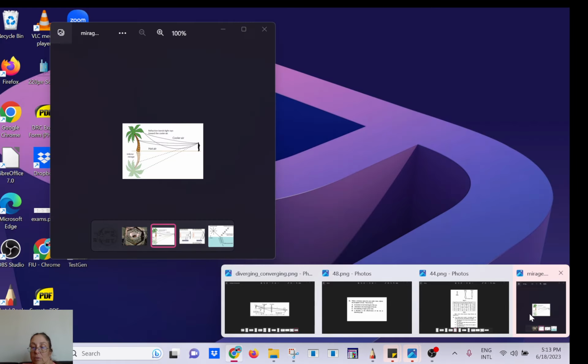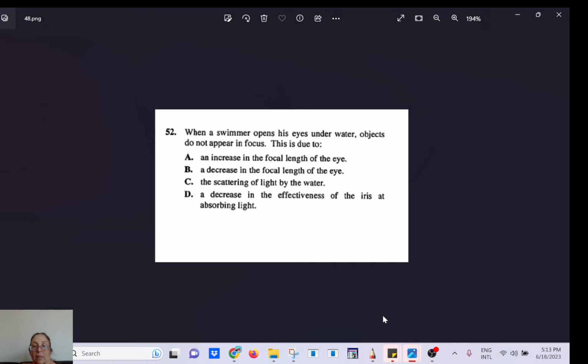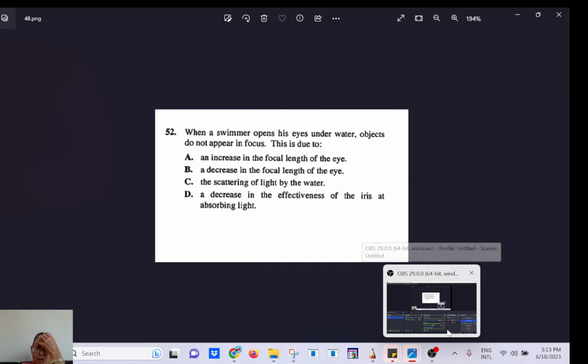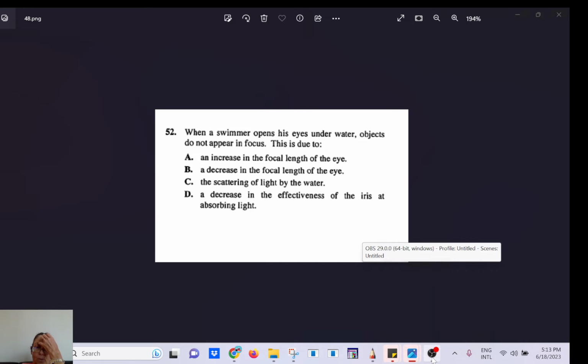So conclusion, the answer is an increase in the focal length of the eye, so A. So yeah, in the water, it's harder to focus. Okay, that's it, and no more problems here.